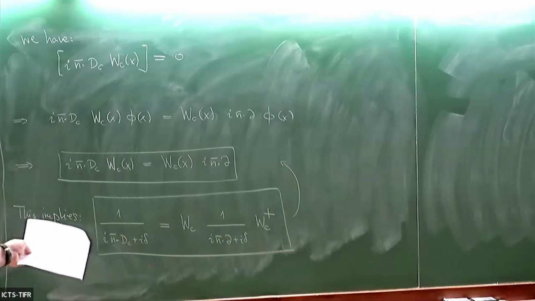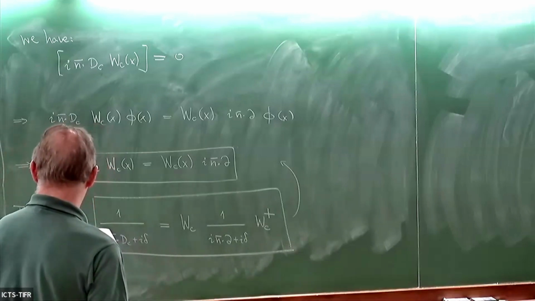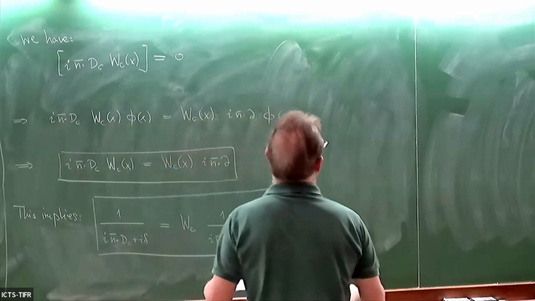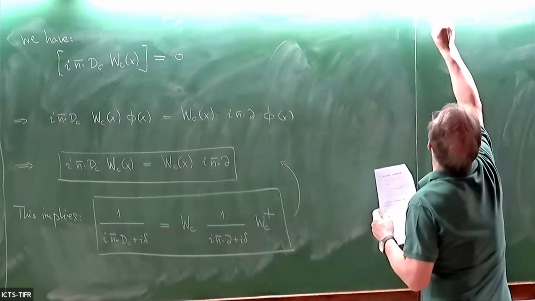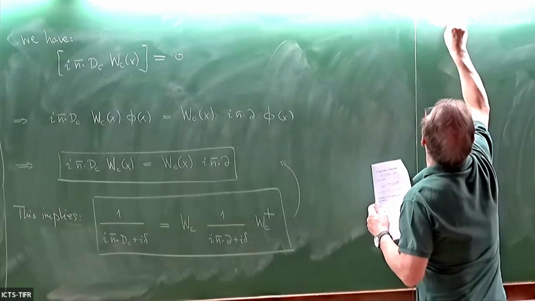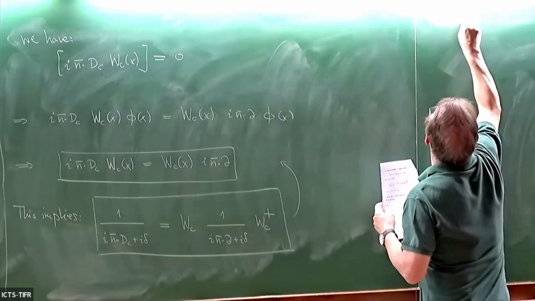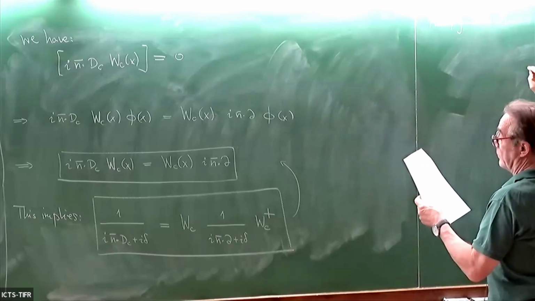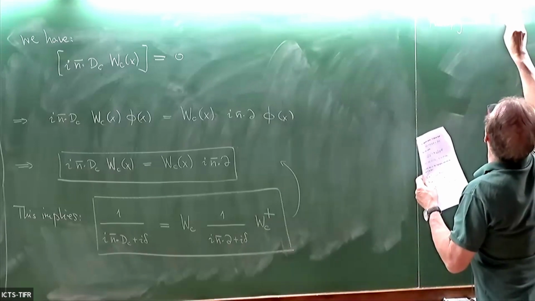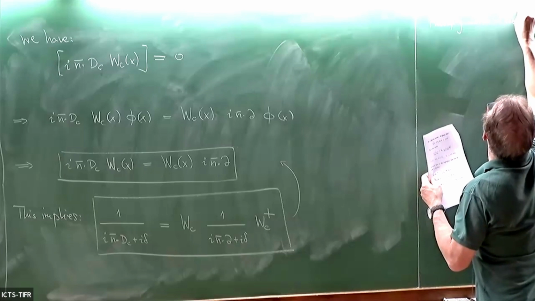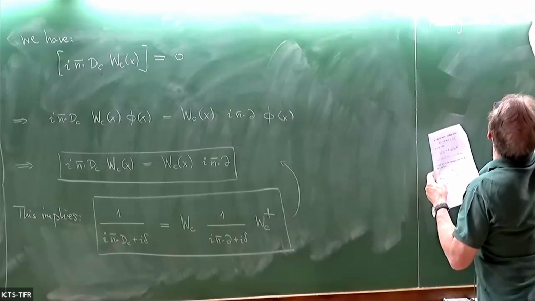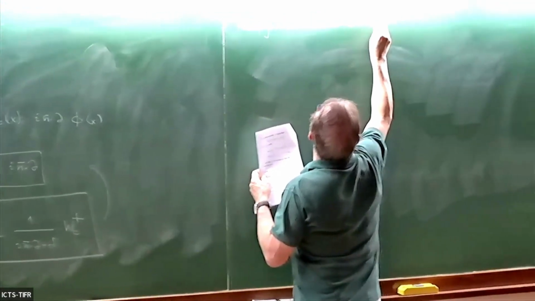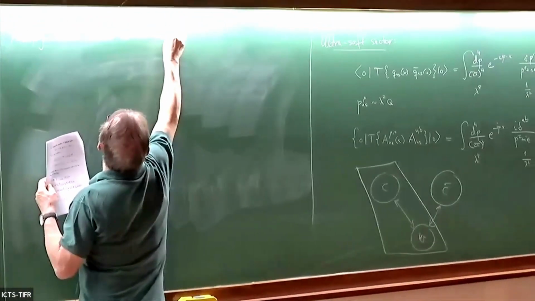So let's assume this relation is true, and let's take this relation and multiply from the left with W_C dagger i n bar dot D_C, and then with the W dagger from the right.